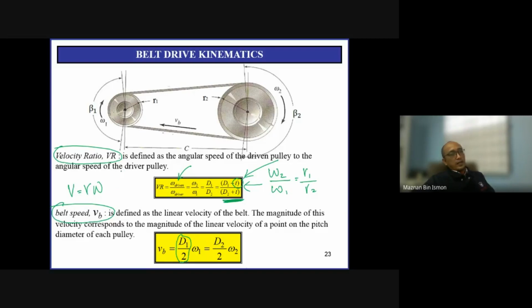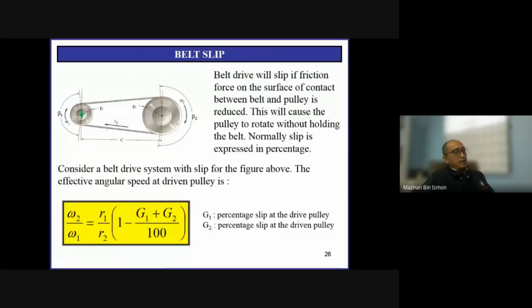If there is no slip, you can use this. So this is the basic formula. This is the drive pulley connected to the motor. Rotating at 100 RPM. It is given with its rotation in this direction.